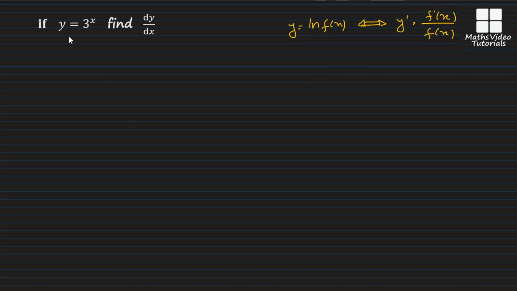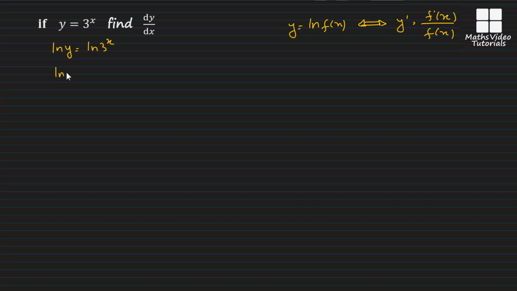Now, for this one here, we need to first take the log of both sides, and we're going to use the natural log, of course. So ln y is equal to ln 3 to the power x, and then we apply the power rule on the right hand side, which means that the power x will come out of the ln 3 to the x.